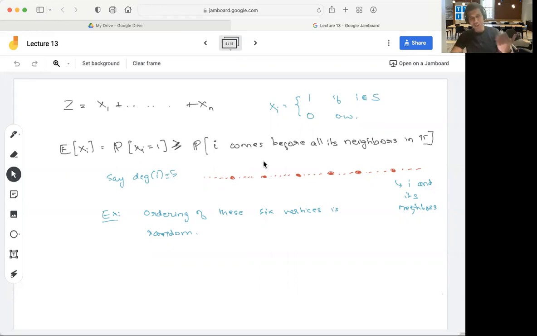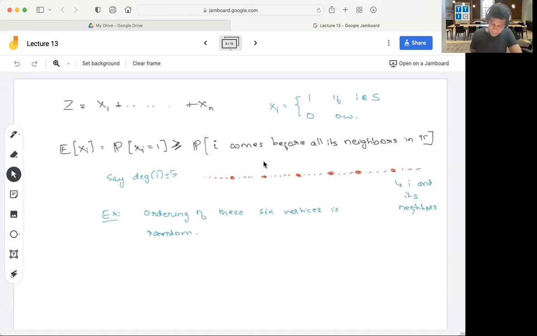You can say, what is the probability that I fix a particular order of these 6 vertices ahead of time, and then the ordering on the total n vertices is such that for these 6 vertices, I get this particular ordering? You can check that the probability is equal no matter what ordering you pick on these 6 vertices ahead of time. That's a little bit of combinatorial counting, and you can check that.